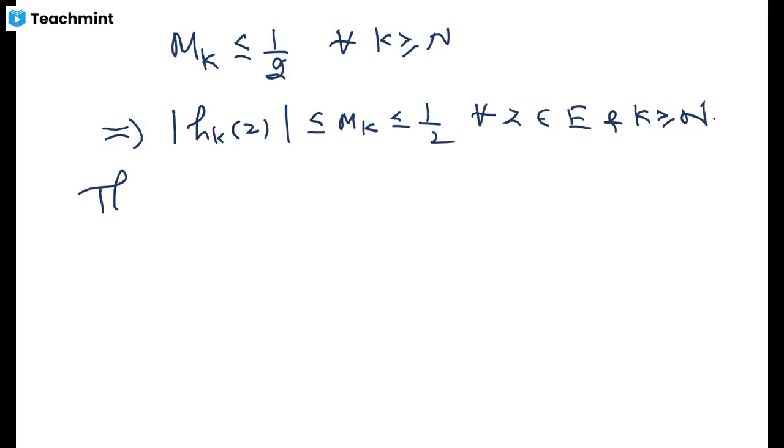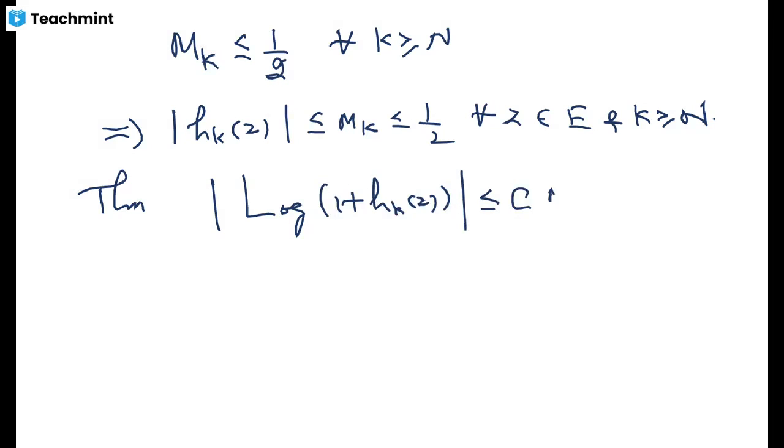Thus, now let us look at this mod of log of 1 plus h_k(z). We have seen that you have the log estimate, this is less than or equal to C times M_k. So now let's look at the series of log of 1 plus h_k(z). This is a series of functions. We don't need to take the mod because I have to use the Weierstrass M test.